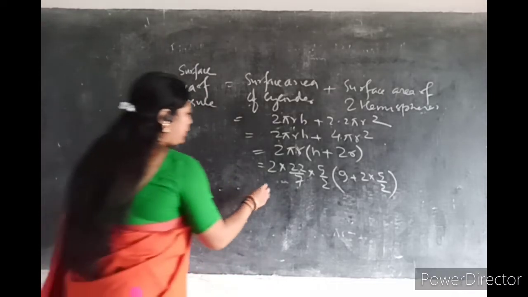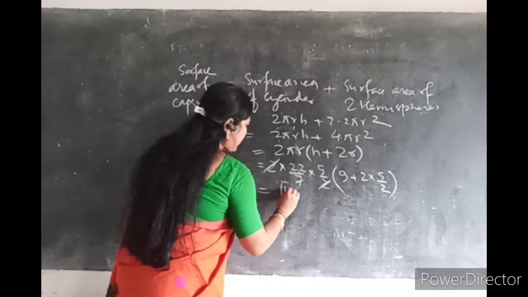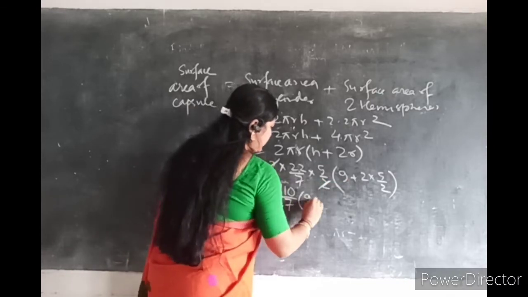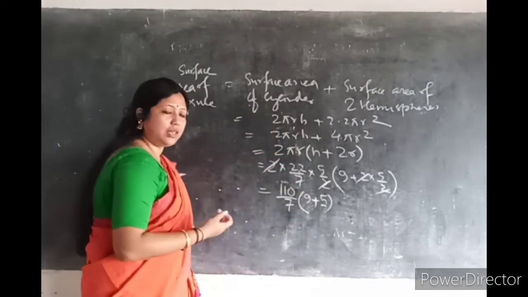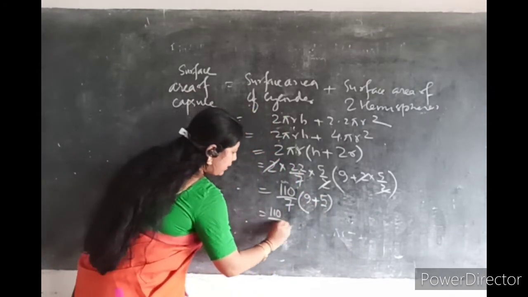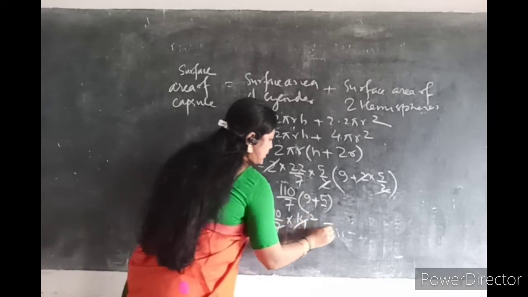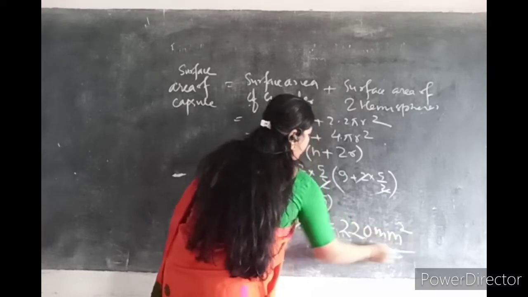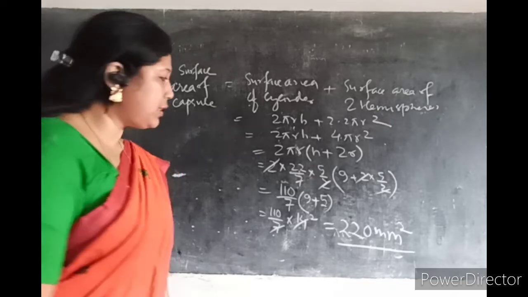So here this 2 and this 2 will be cancelled. So here you can see 110 by 7, then 9 plus 5, that is 14. Easy. So 110 upon 7 into 14, so this will be cancelled with this, that means the answer is 220 mm square. So the surface area of this capsule is given to be how much? 220 mm square.